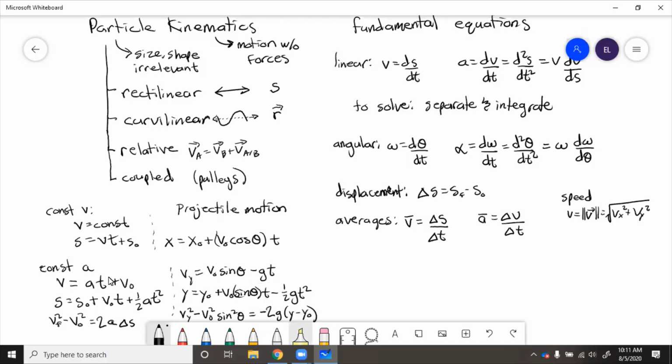So those are the special cases of constant velocity and constant acceleration.